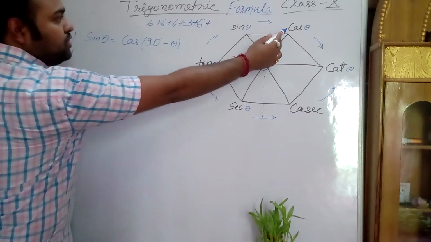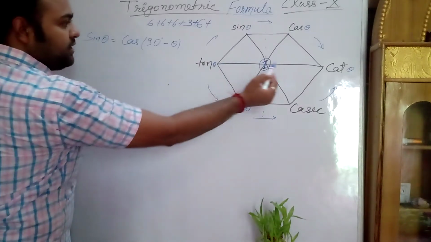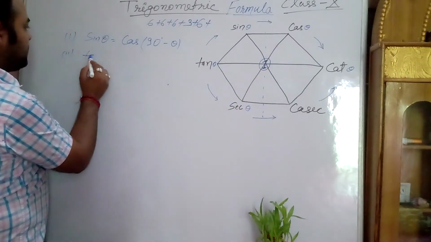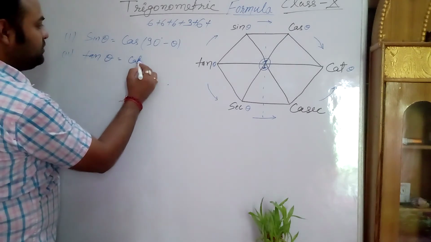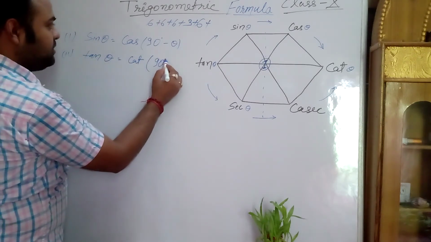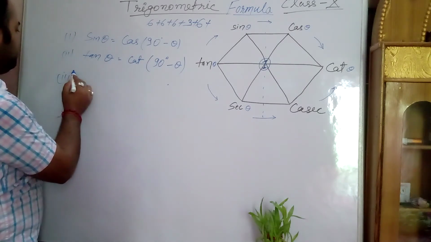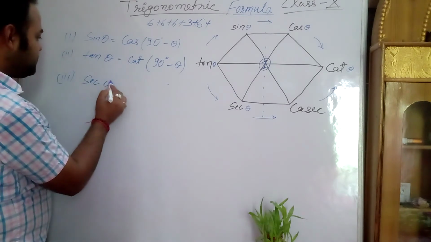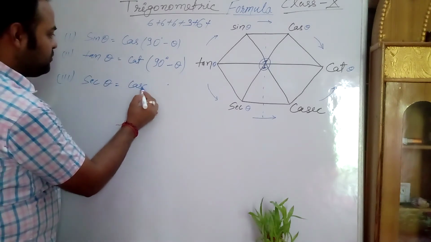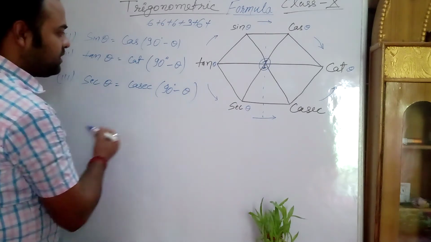Sin theta is equal to cos 90 minus theta. Again, tan theta is equal to cot 90 degree minus theta. Third one, sec theta is equal to cosec 90 degree minus theta.